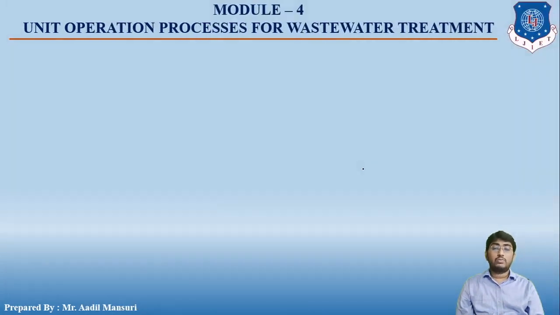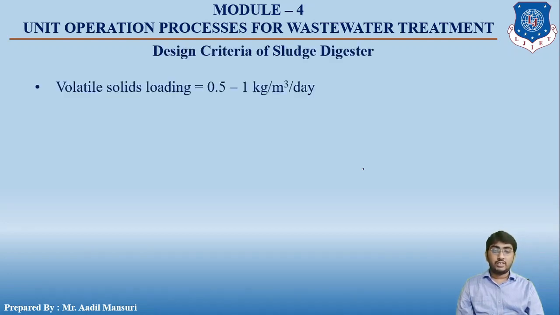Okay, so let us now move towards the next topic, that is the design criteria of the sludge digester. The volatile solids loading should be between 0.25 to 1 kg per meter cube per day. Retention times should be between 20 to 60 days.